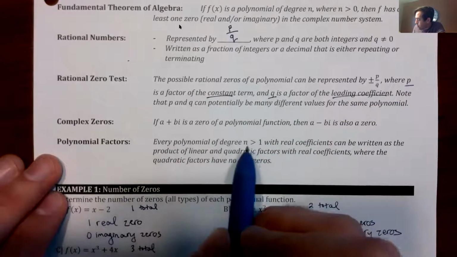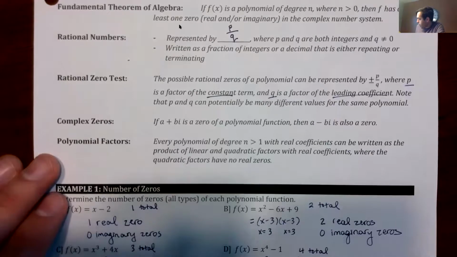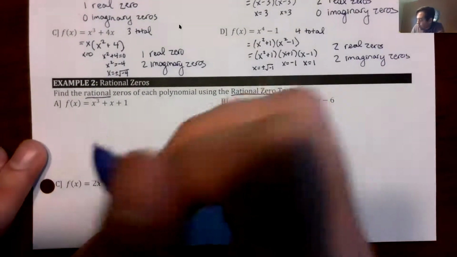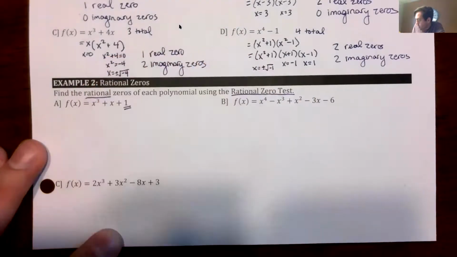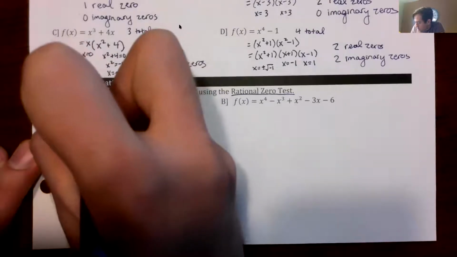Note that p and q can potentially be many different values for the same polynomial. Let's take a look at what that means. So in letter A of example 2, we've got the constant here is 1, and our leading coefficient is also 1.